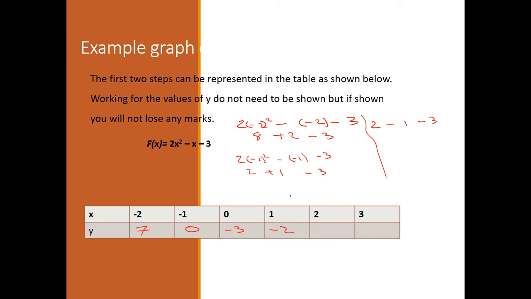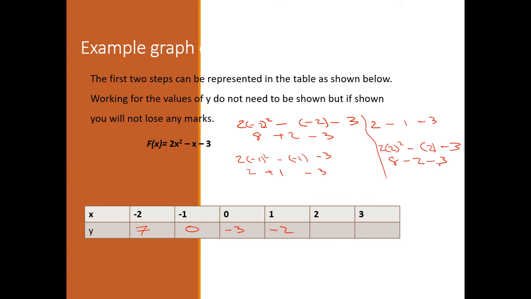When our x is 2, we will have 2 times 2 squared. All right, so let's rewrite it here. 2 will be in the bracket being squared minus the 2 minus the 3. But we'll have here 2 squared will give us a 4. 4 times 2 will give us an 8. And the negative 2 minus 2 and minus 3.